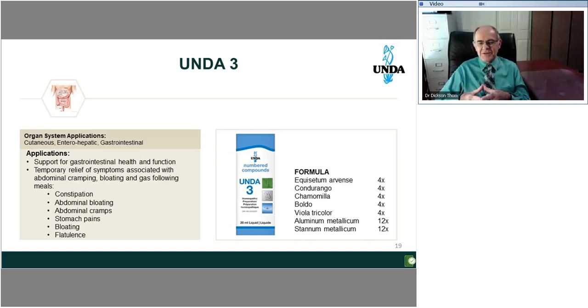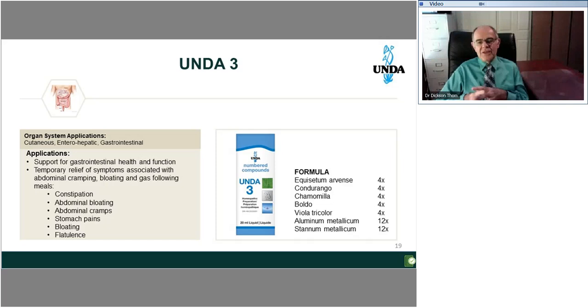And we see in this particular number, we have aluminum and stannum as the 2 metals along with the individual herbs. The herbs, again, are organotrophic. They're pulling the 2 metals to the site of action, which in this case is mostly the digestive system.